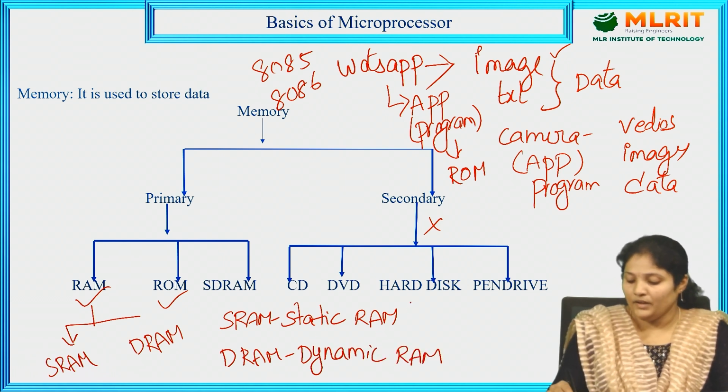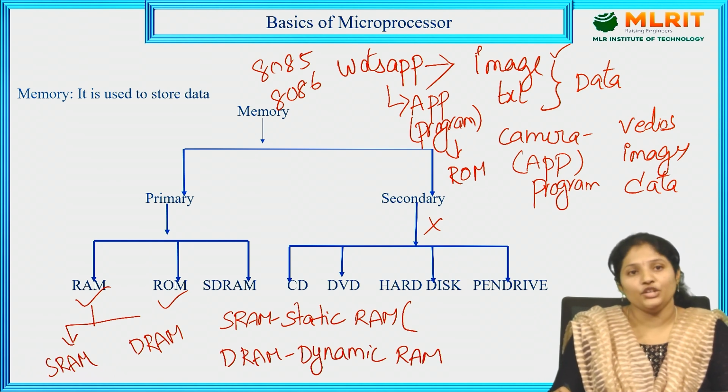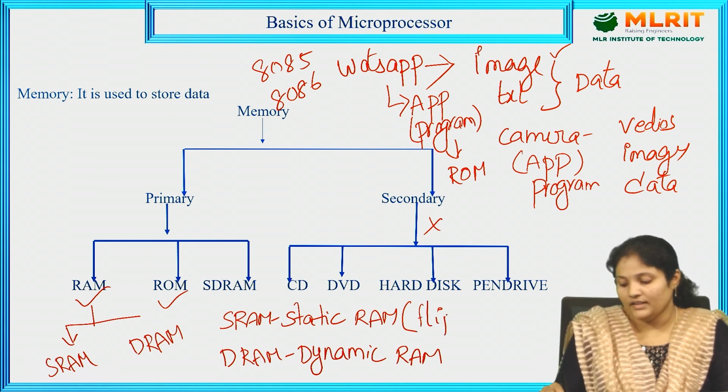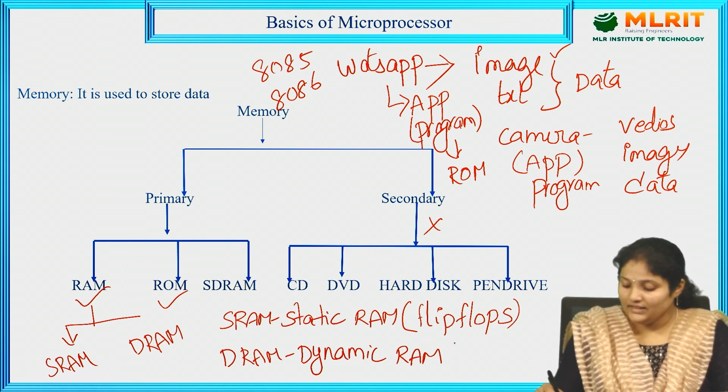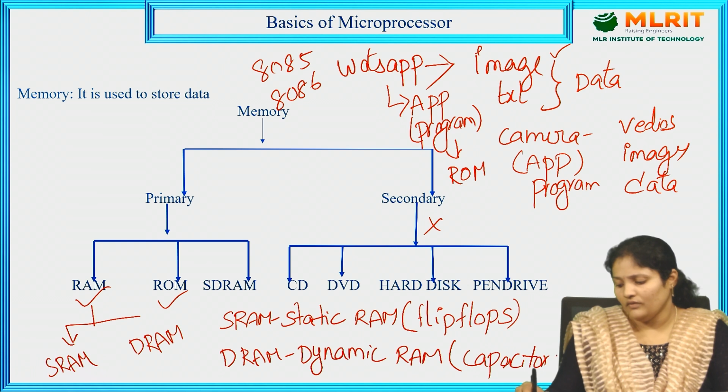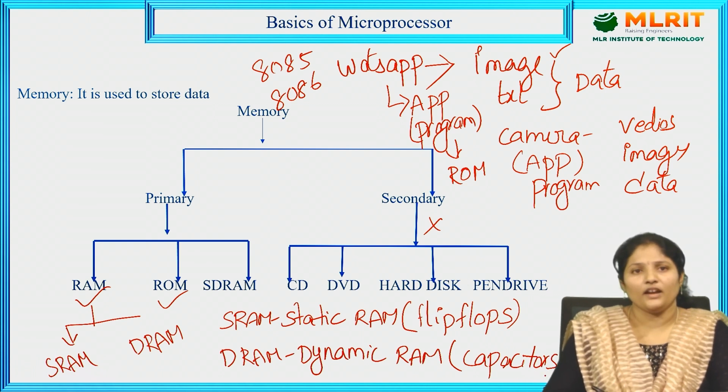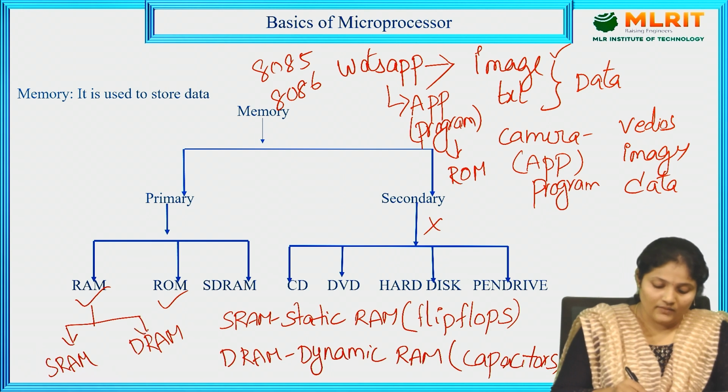Static RAM is constructed using flip-flops. Flip-flops are devices used to store one bit of data, right? And DRAM uses capacitors. So we can say that SRAM is quite fast when compared to DRAM. Why are we saying that?